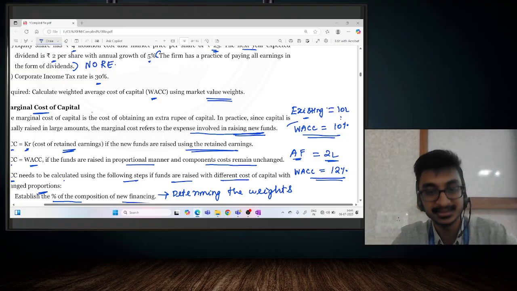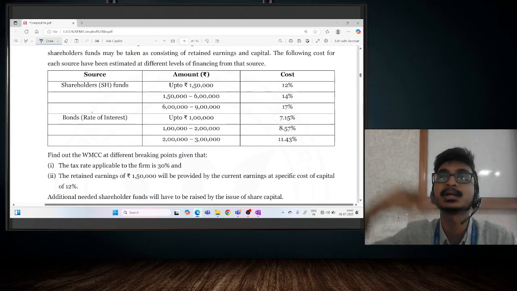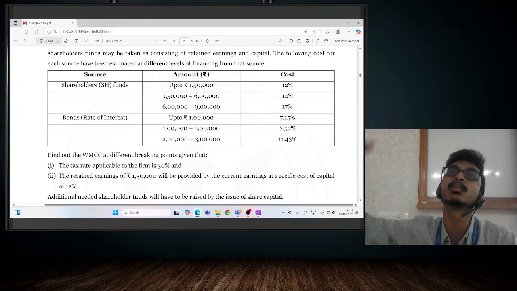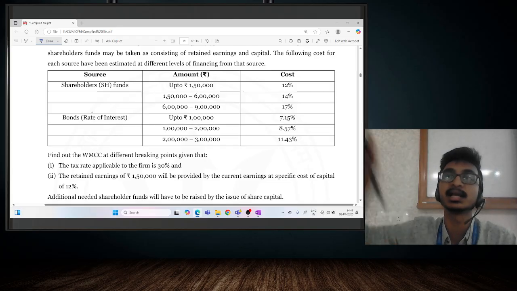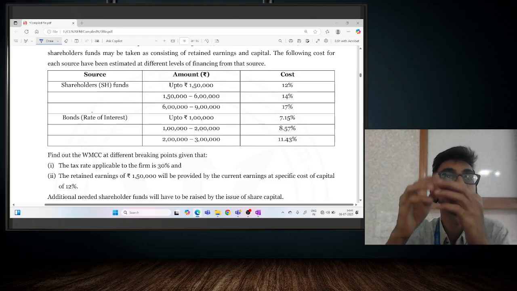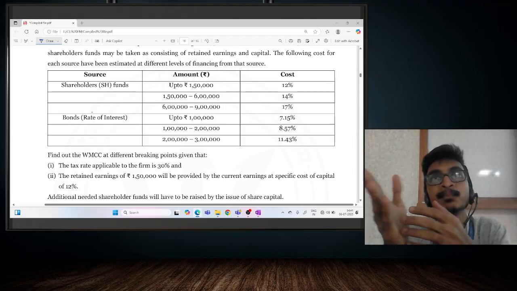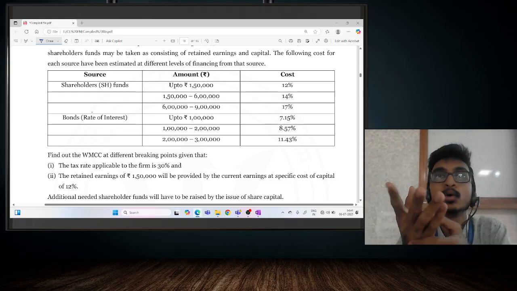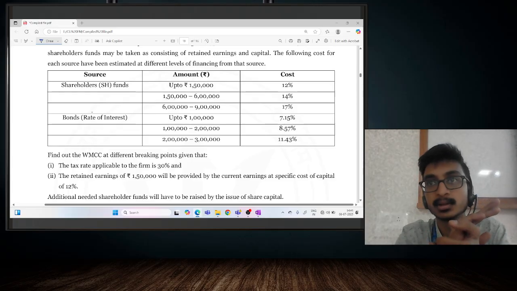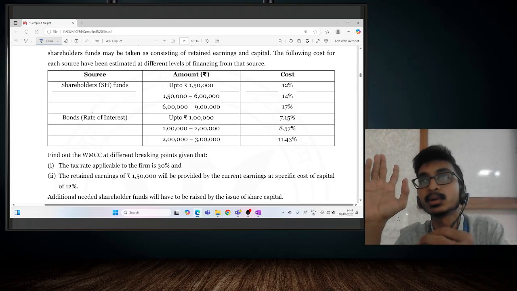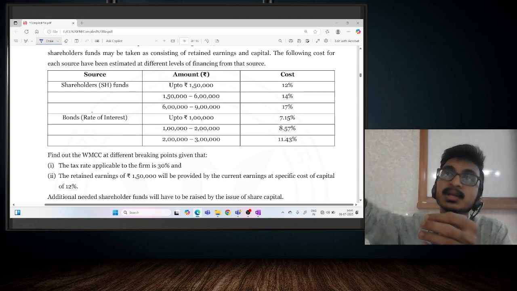See, that we will study here. Beyond a certain point, if an organization is having more and more debt, the interest rate will increase. To put it very simply, if your friend is borrowing, let's say 10,000 rupees from you, you may charge 5% interest. If your friend is borrowing 10 lakh from you, you will charge 15% interest.